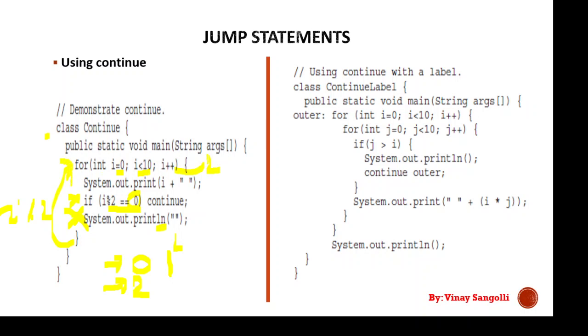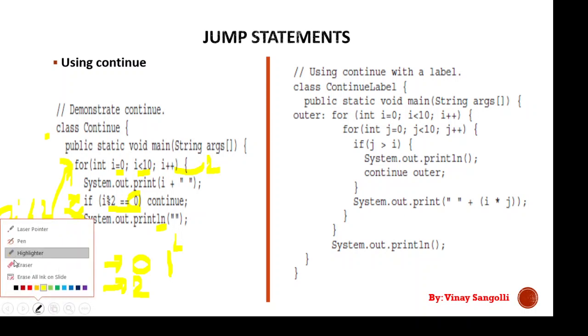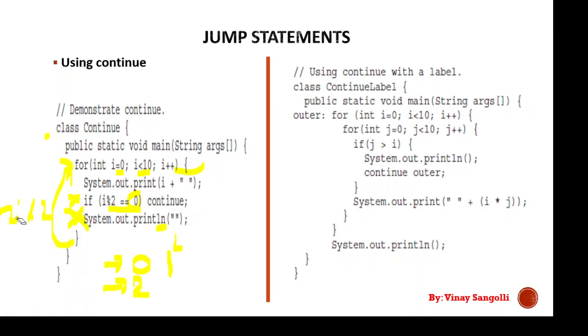Now the value of I was 2, but it is not 2 now. It is incremented, so the value of I is now 3. It will print the value 3, that is this line execution. Next, it will do 3 mod 2.